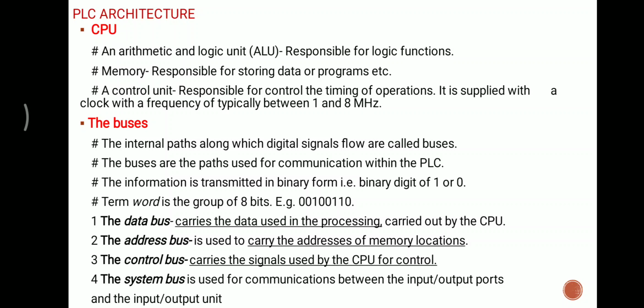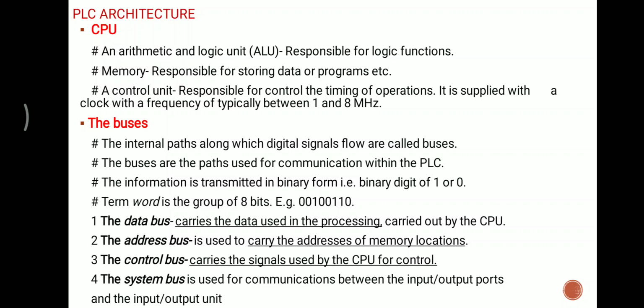There are 4 types of buses. First is the data bus, which carries the data used in the processing carried out by the CPU. Another is the address bus. It is used to carry the addresses of memory locations. Every data stored in the RAM or ROM has some kind of address, so carrying this address is also very important, and that function is done by the address bus.